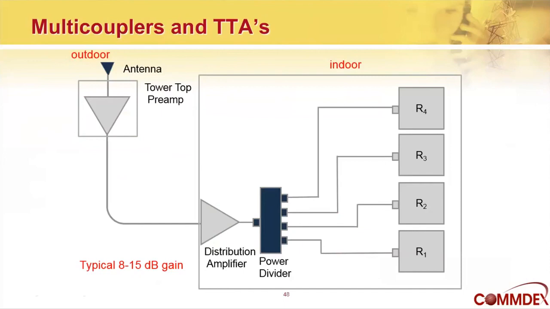And again, the purpose of the first amplifier is to overcome line losses. The purpose of the indoor distribution amplifier is to overcome distribution losses. So the indoor unit amplifies and then divides. And in this picture, it shows 4 receivers, but you could feed many more if you want.